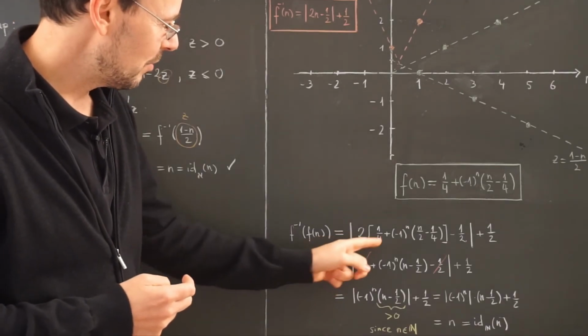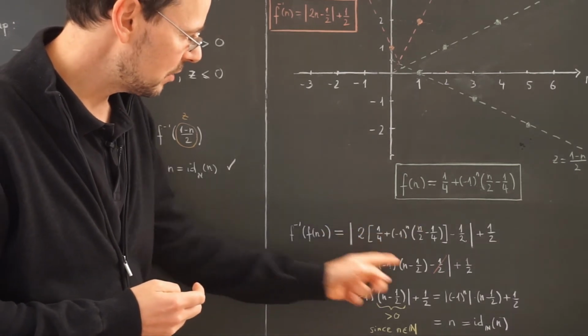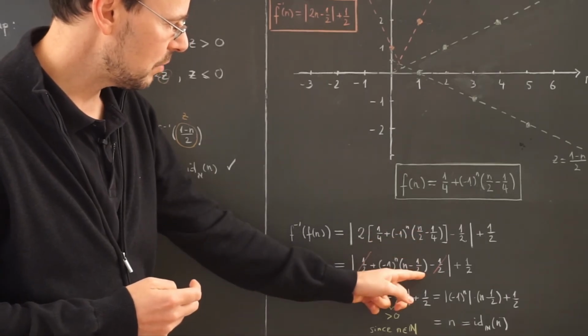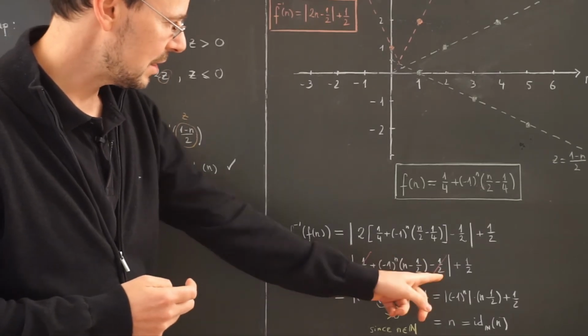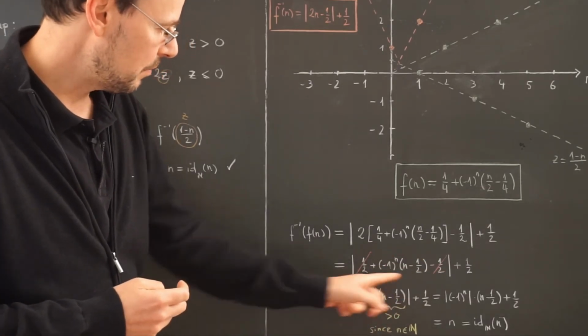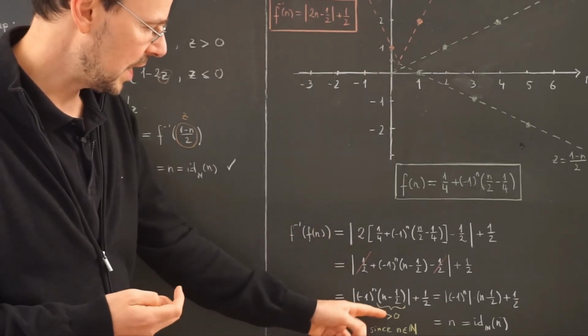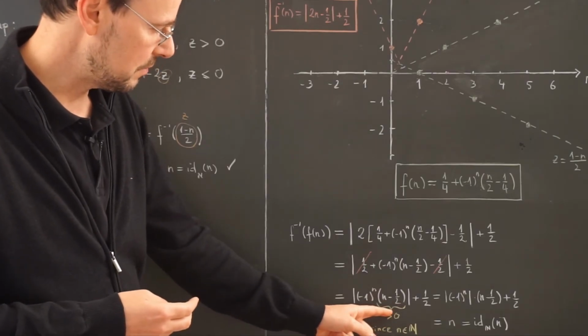So here you end up with 1/2 plus minus 1 to the n. And now I pull the 2 inside of these parentheses here. Then I end up with n minus 1/2. Now this minus 1/2 and this 1/2 cancel. And I'm left with this. Now n is a natural number, so it is non-negative and greater than or equal to 1. So this here is a positive number.